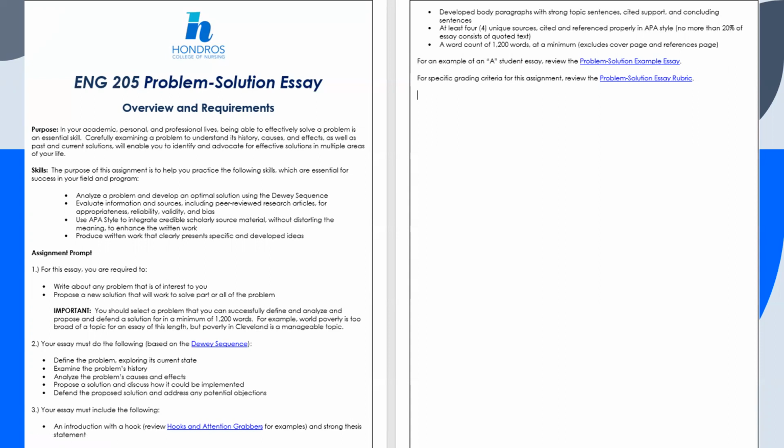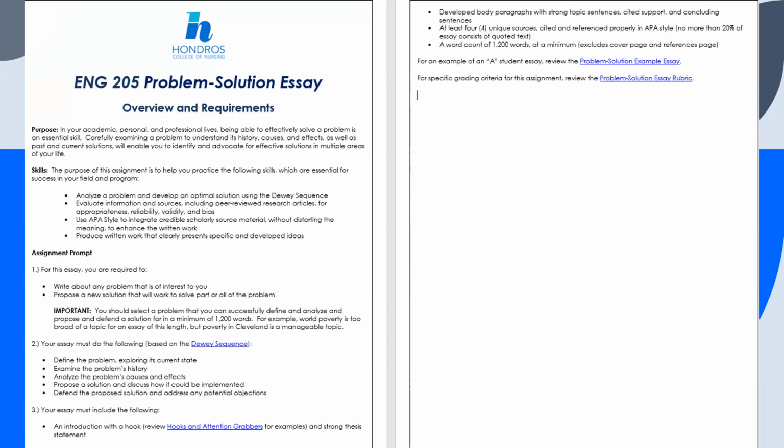You need to have at least 4 sources. All of your sources need to be cited in APA style. The document also needs to be laid out in APA style. I did an APA review last week. We also have a lot of really good resources available through our library. This paper needs to be a minimum of 1,200 words.